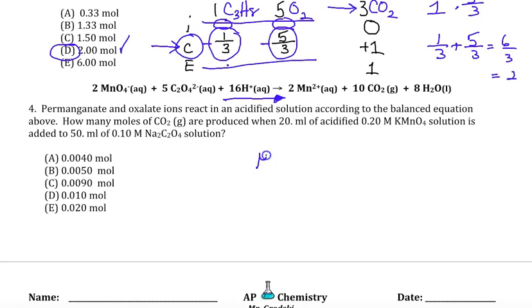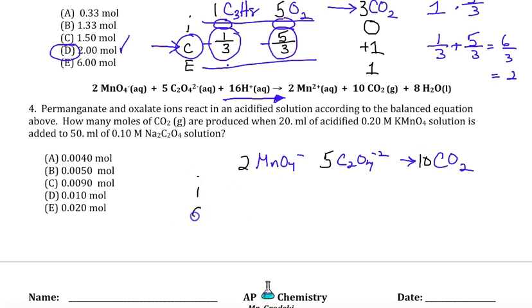Here's my permanganate ion, MnO4, and here's my C2O4 2-. How many moles of CO2 are involved? I just need the ratios of the chemicals involved. And if I look at my coefficients, there's 2 of these, per 5 of these, per 10 of these.